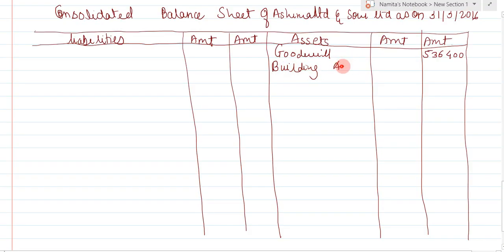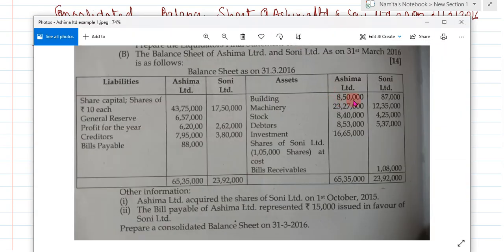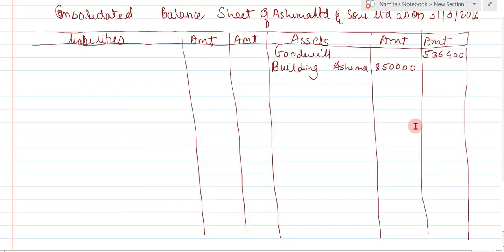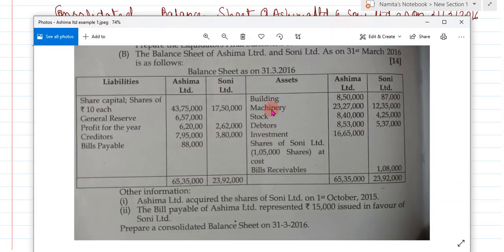Buildings of Anshima Limited is 8,50,000, and buildings of Sony Limited is 87,000. So add 8,50,000 plus 87,000, total we get 9,37,000. Next, after buildings is machinery.